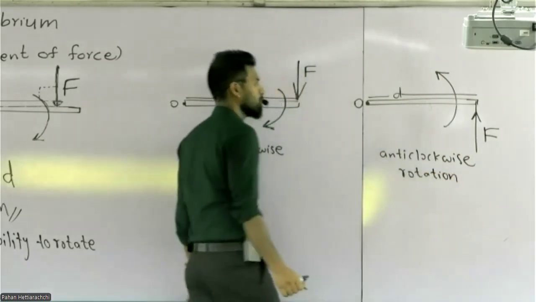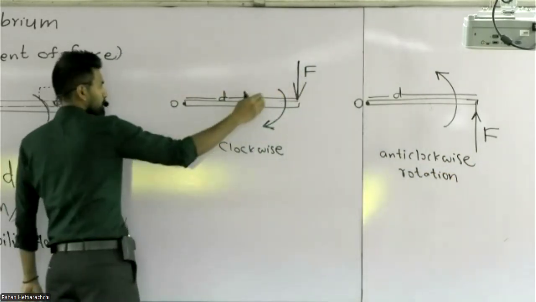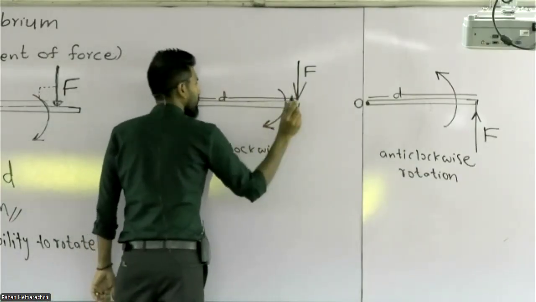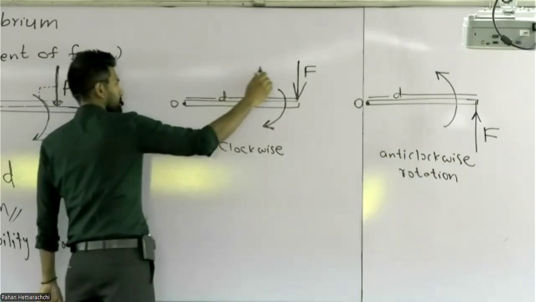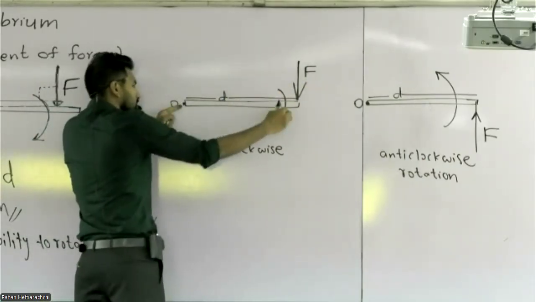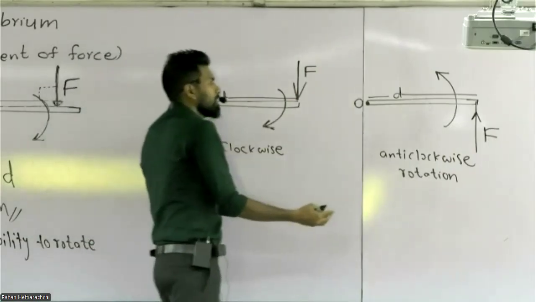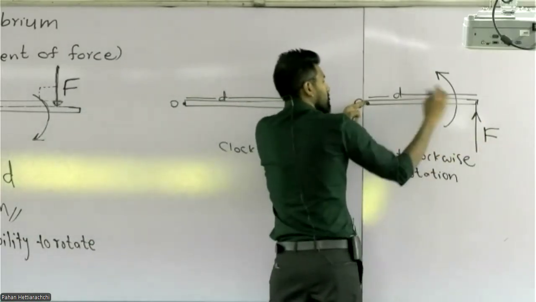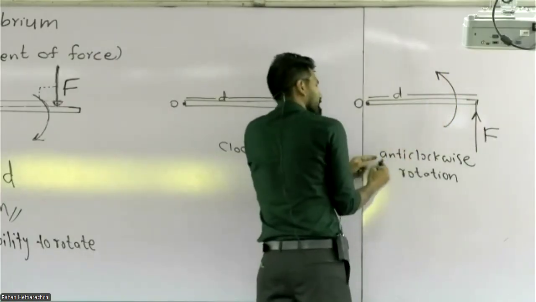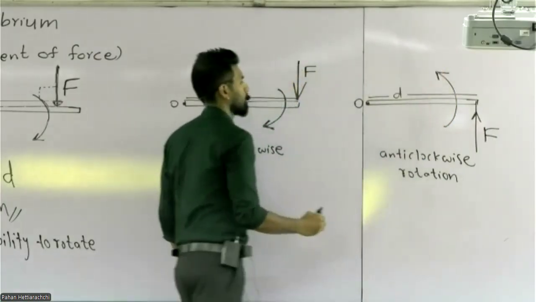So you have to be very careful about clockwise or anti-clockwise. That means you have to understand which way this thing is going to rotate. In this case, pivoted from here, force applied like this, it will rotate like this, a clockwise rotation. In this case, force is applied like this with a distance d, and it will rotate to the other side, an anti-clockwise rotation. Okay.